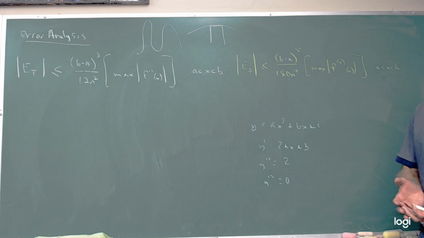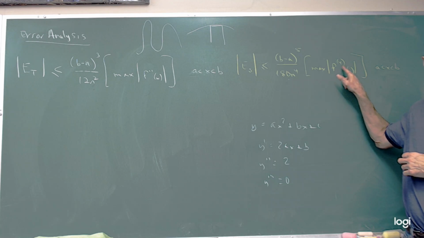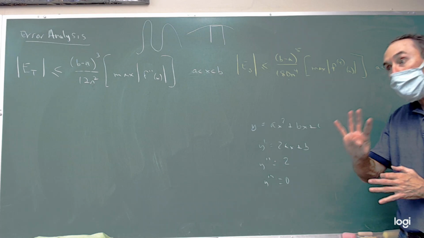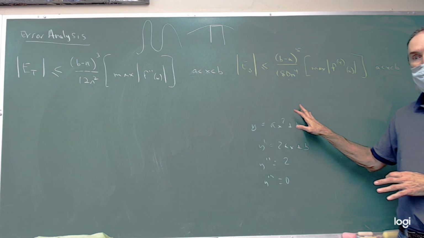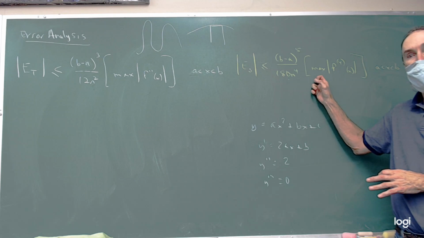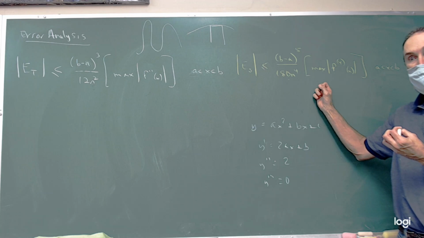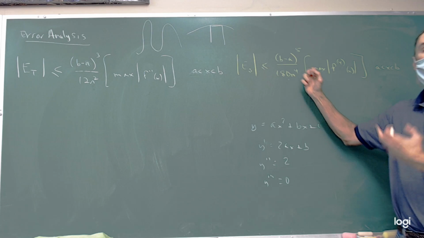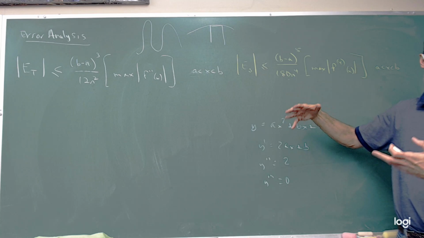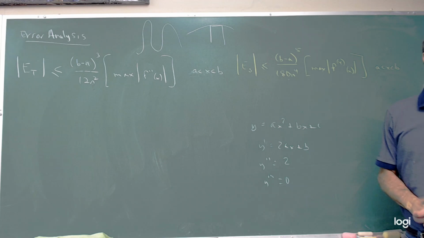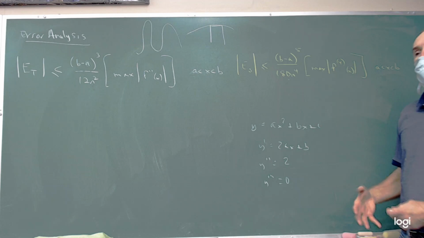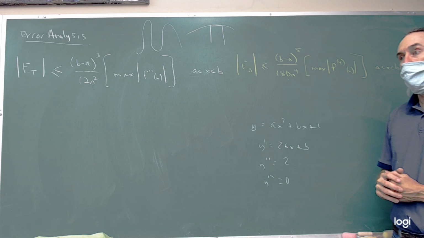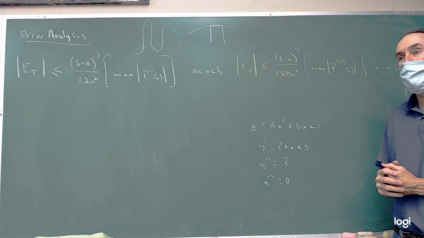What is surprising is that it goes all the way to the largest that the fourth derivative can be, which means a cubic will be approximated with no error exactly with Simpson's rule that's using parabolas along the way, which is kind of surprising. So somehow you get an extra kind of boost in accuracy out of Simpson's rule.